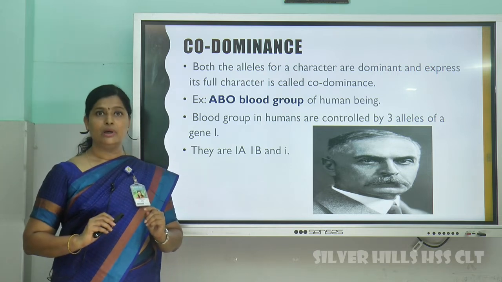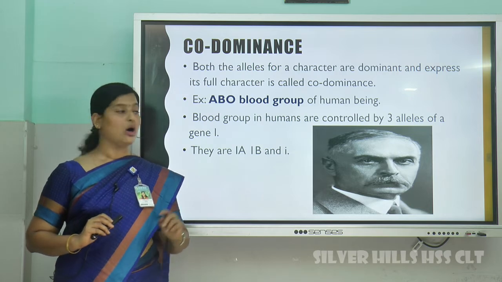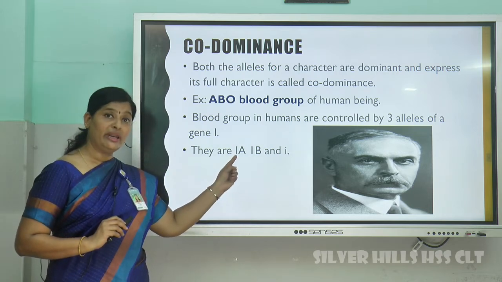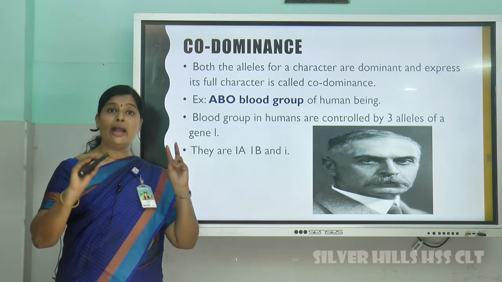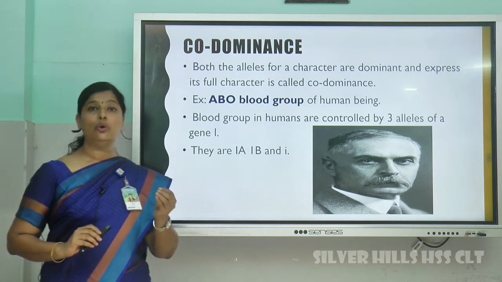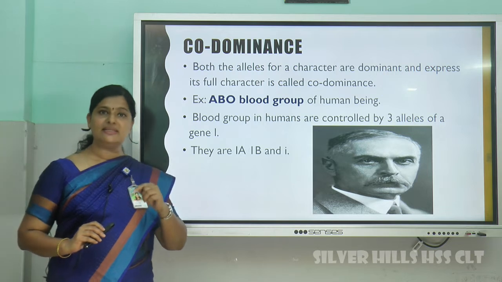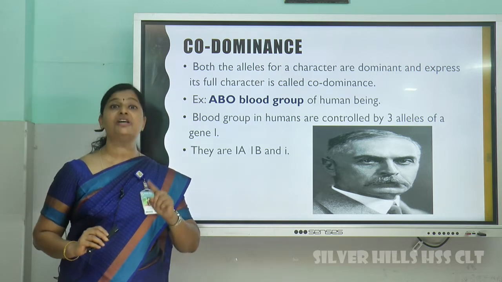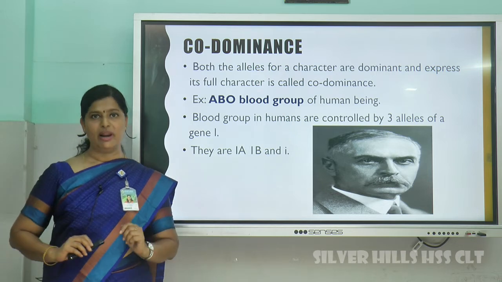This person will have both the antigens, because IA is a dominant allele and IB is also a dominant allele. So A and B antigens will be produced, and that person's blood group is going to be AB.